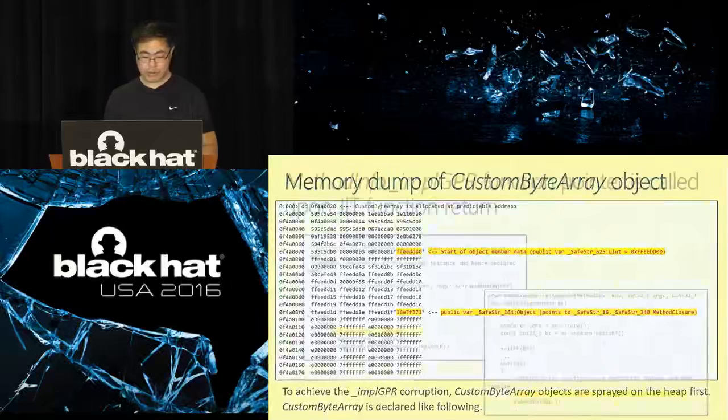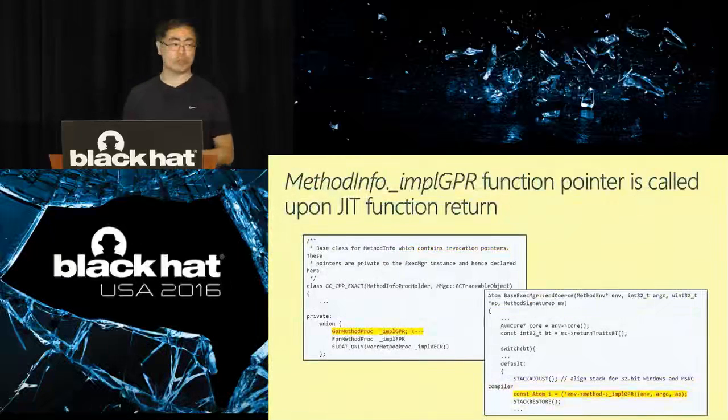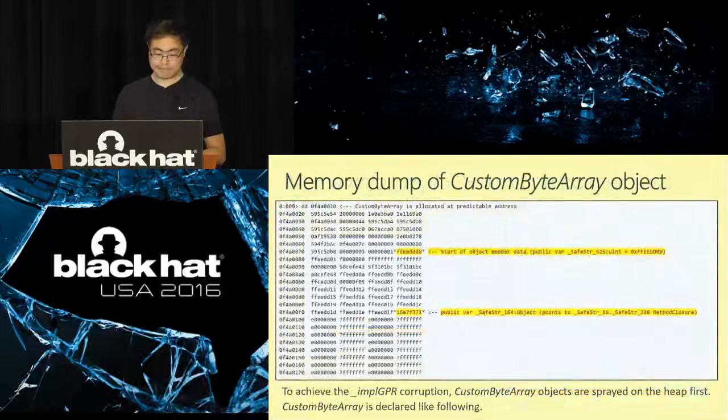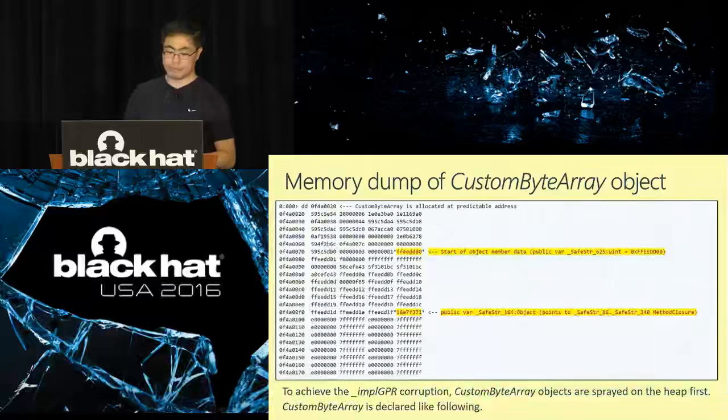So if you overwrite this pointer value to whatever shellcode you have, if you know the shellcode location, then code execution will happen. The technique they used is they made their own custom byte array, and they just spray on the heap.